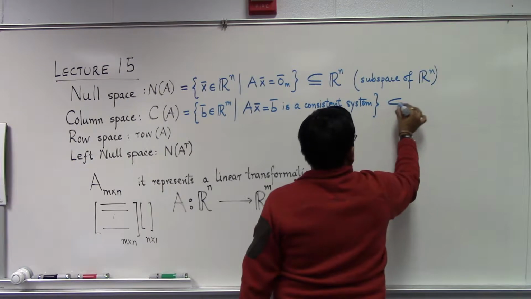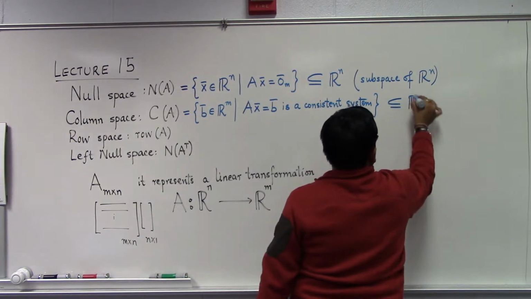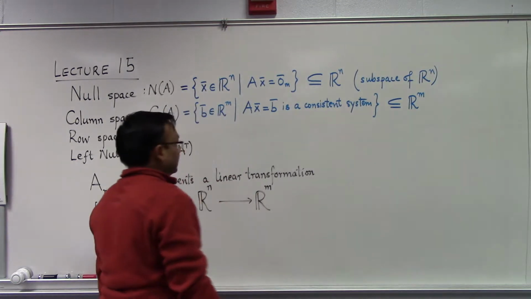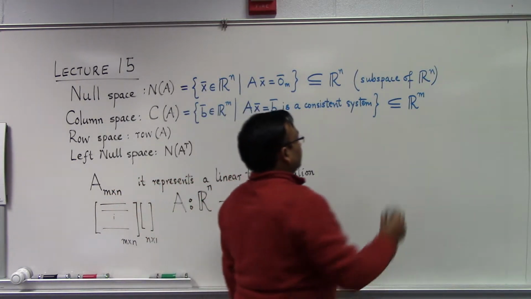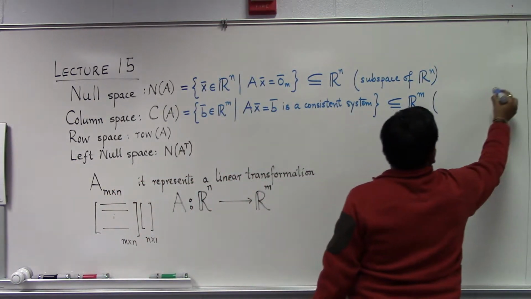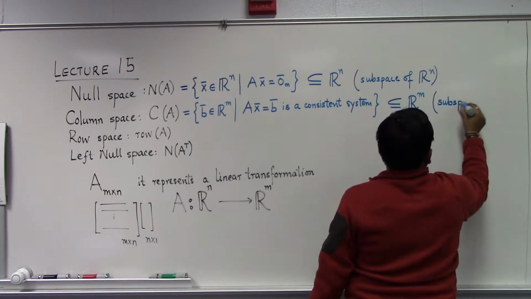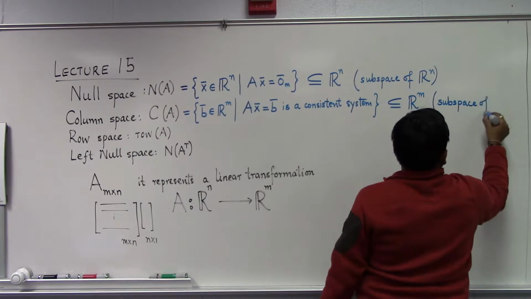So for obvious reasons, this will live in Rm. So we should be very clear where these guys are living, because that is a source of confusion as well as something that we have to be concerned about. I make a small claim that this is a subspace of Rm.